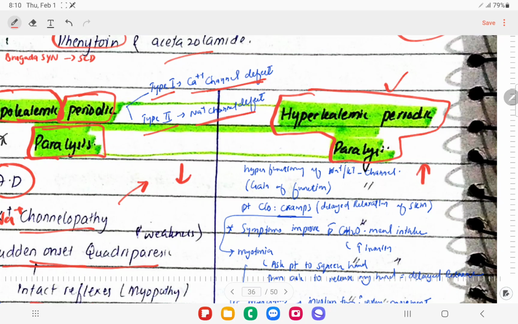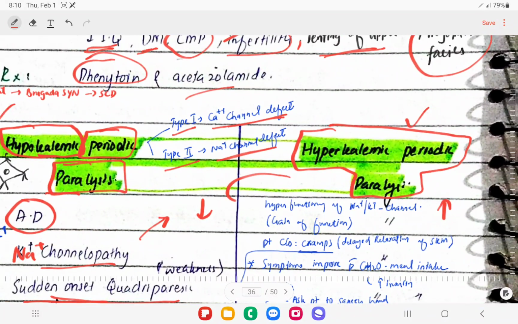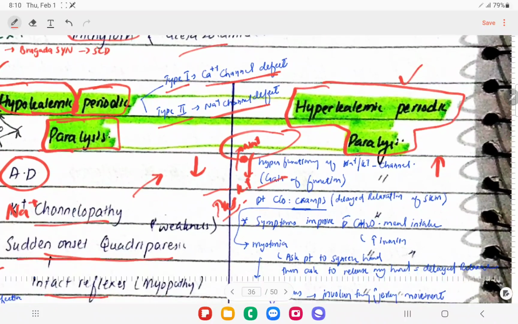If I draw that again, we have this nerve ending and this channel here, which causes influx of sodium and efflux of potassium. So there will be increased potassium available in the bloodstream.